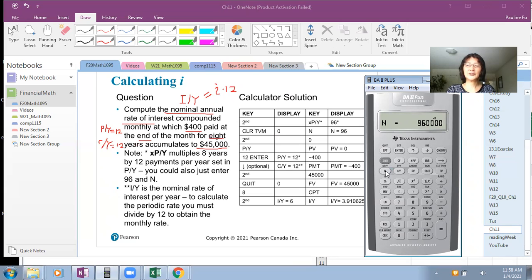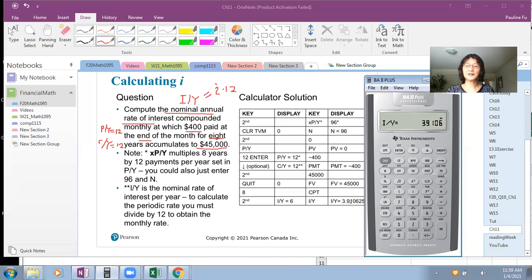So far, you entered PMT, you entered FV, you entered N, you entered 3 numbers. Remember, you need to enter 4 numbers. So 0 is PV as a precaution to clear any previous entries. Now you entered 4 numbers. Last step, compute IY. IY represents nominal annual rate.